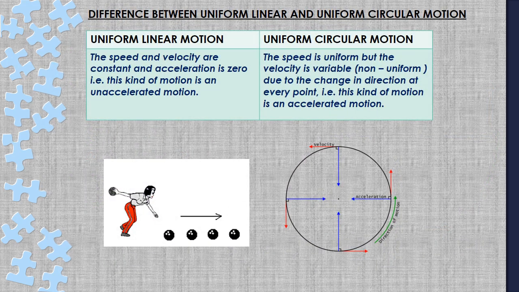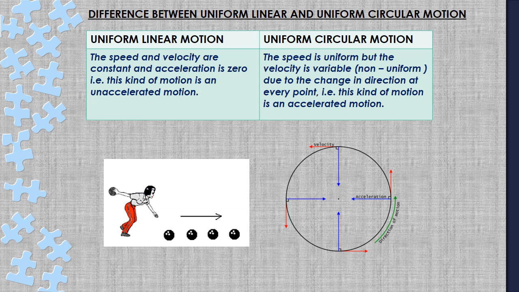Now, what is the difference between uniform linear and uniform circular motion? In uniform linear motion, the speed and velocity are constant and acceleration is zero. That is, this kind of motion is an unaccelerated motion. For example, here the person is throwing a ball in one direction.